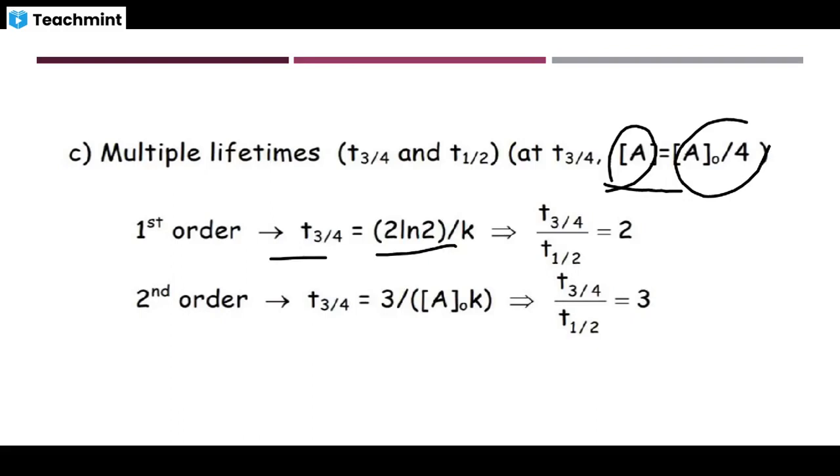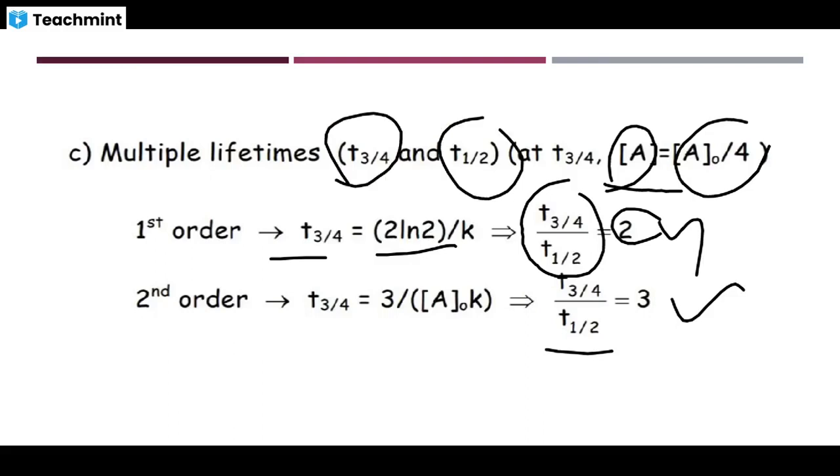So if you get t three-fourths divided by t half equal to 2, it is first order. If it is 3, it is second order. If you calculate multiple lifetimes, you can determine whether it is first order or second order.